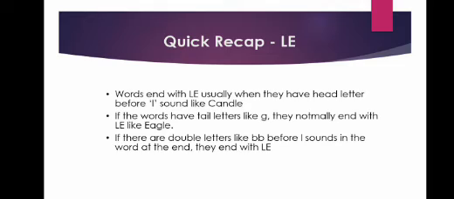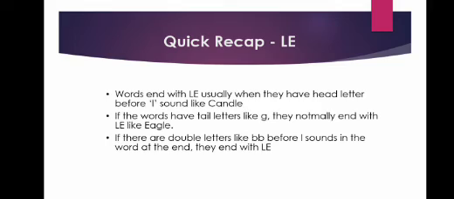Let's quickly recap the rules that we have. Let's see when the words end with LE. If the word has a head letter before the L sound, then usually the word ends with LE. For example, the word candle. If the words have tail letters before the L sound, like the tail letter G, then they end with LE.